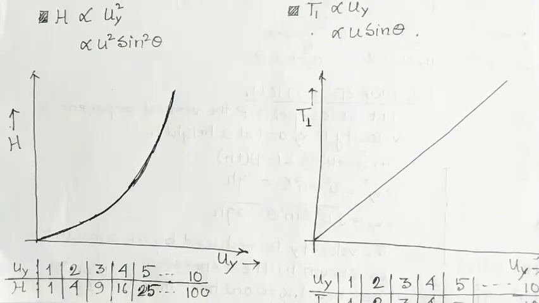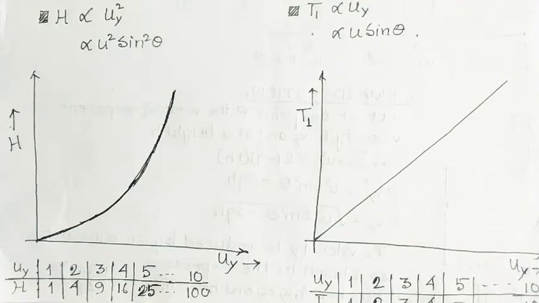If you want to calculate the slope of the h versus uy plot, what will you get? How the maximum height h changes with uy.